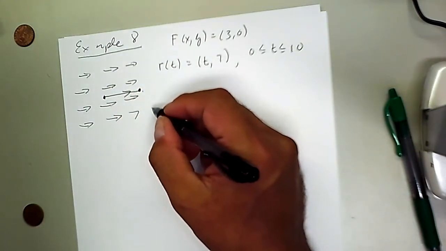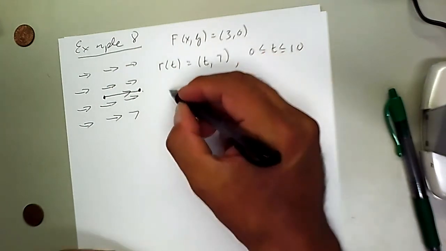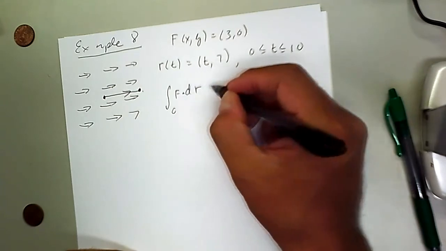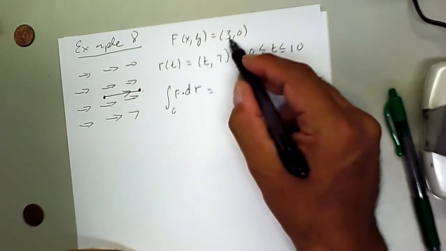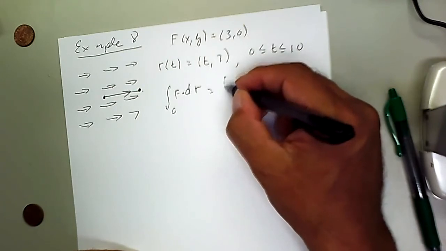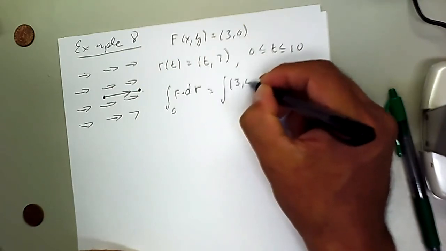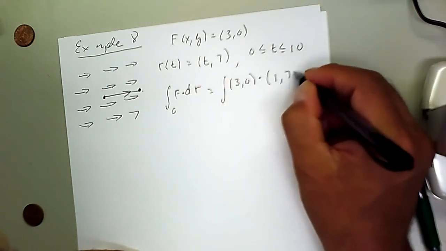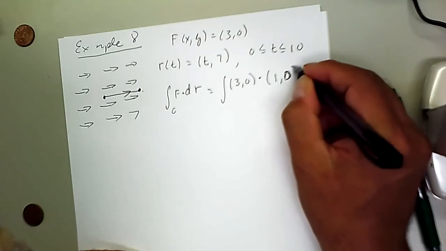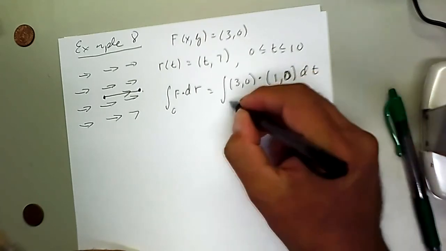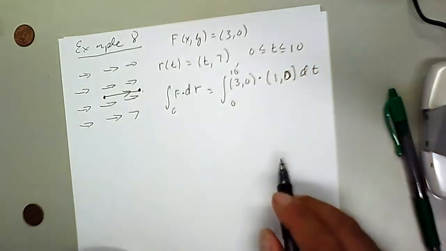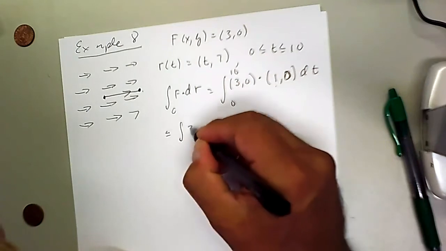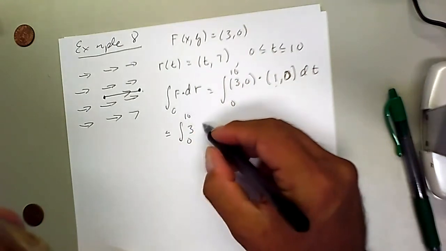Okay. What is the line integral? So the line integral of this with respect to r is going to be the integral of the dot product of <3, 0> with the derivative of this, <1, 0> rather, with respect to t from 0 to 10. Oh, I can already see what's going on. We're going to end up with 3 times 1, 3, from 0 to 10 dt.